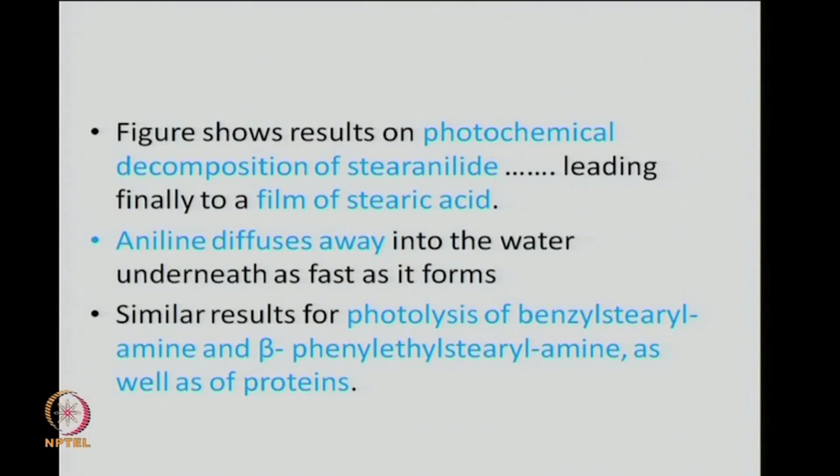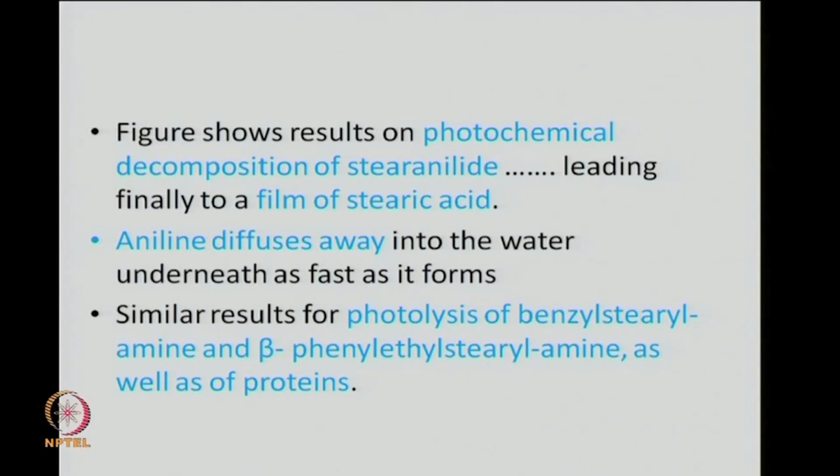We also have photochemical decomposition of stearinolite leading finally to the film of stearic acid. In the process, the aniline, which is one of the products resulting through the surface reaction, sees a high concentration in the surface compared to the bulk and diffuses away into the water below this monolayer as fast as it forms.